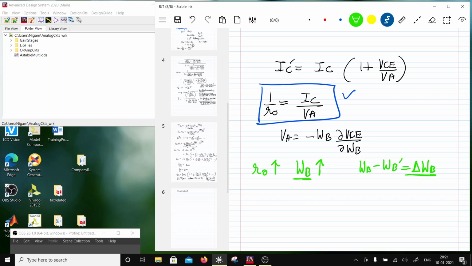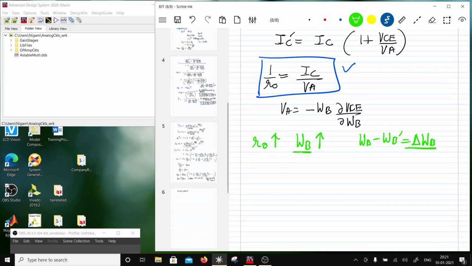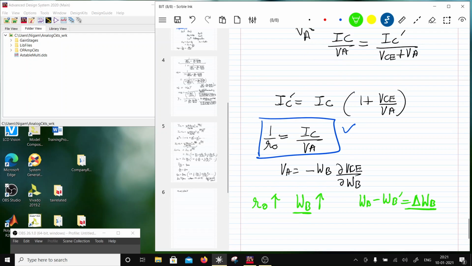So this RO is going to be large if WB goes up. If WB goes down, the output resistance is going to go smaller. That's the logic. This is the same as a long channel MOSFET, where delta X is much smaller than the total length L. So long channel devices have higher output resistance. It's the same concept here.